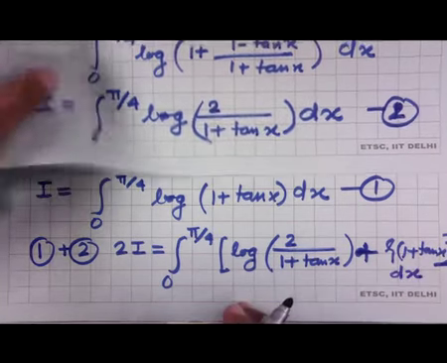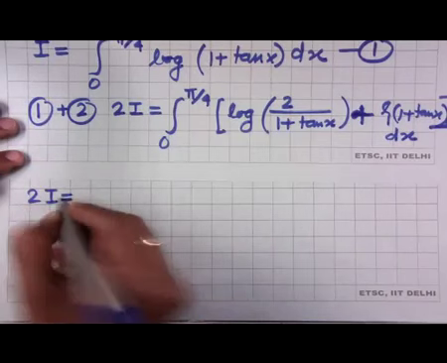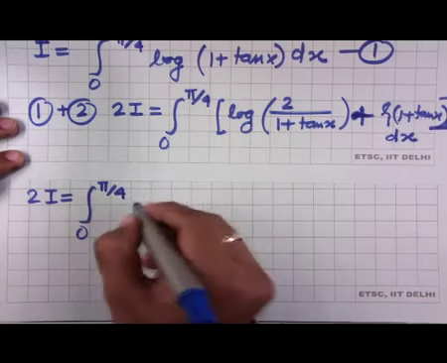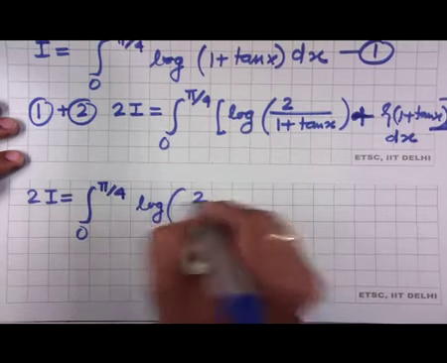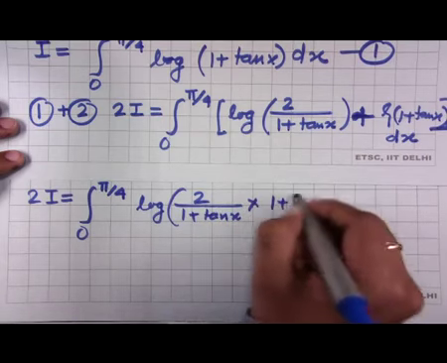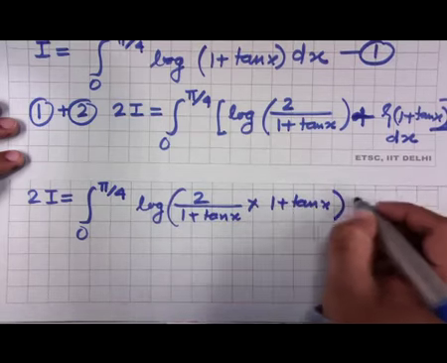So you get 2I equals to 0 to pi by 4 log of 2 by 1 plus tan x into 1 plus tan x dx.